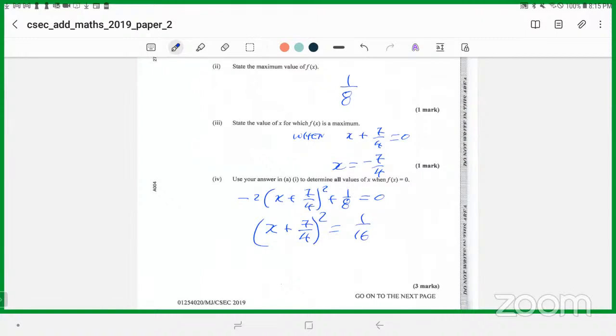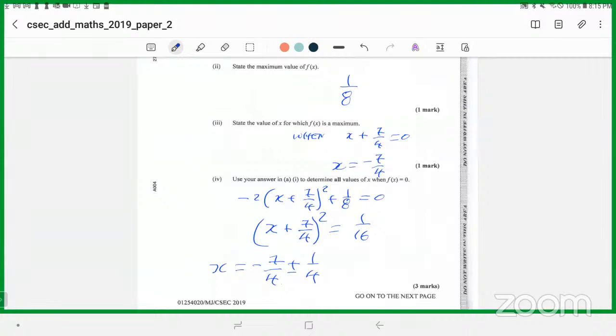Yes, sir. We're going to square root this, and we become positive or negative a quarter. And then we're going to transpose this 7 over 4 afterwards. It's going to become negative. So the x is going to be negative 7 over 4 plus or minus 1 over 4. Do you agree with that? Yes, sir.